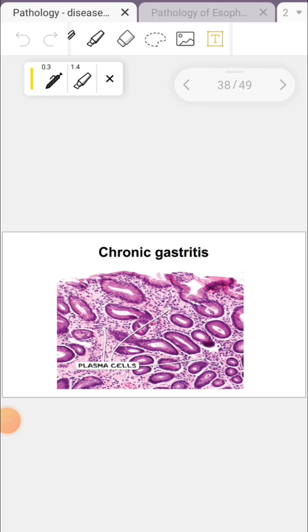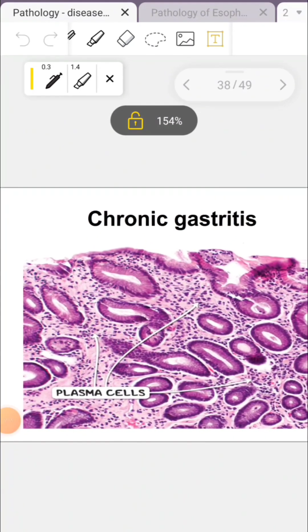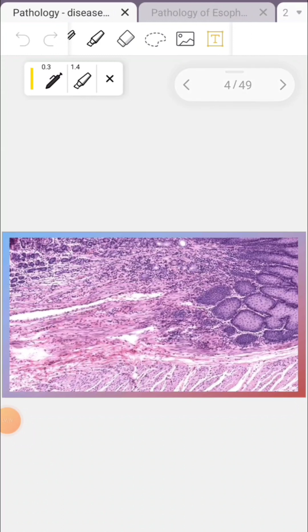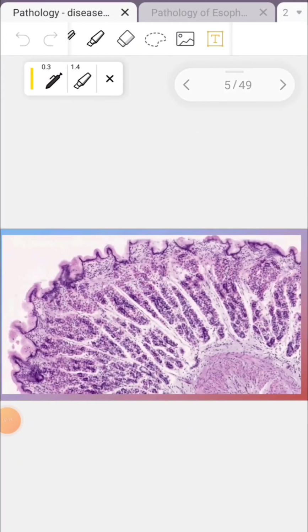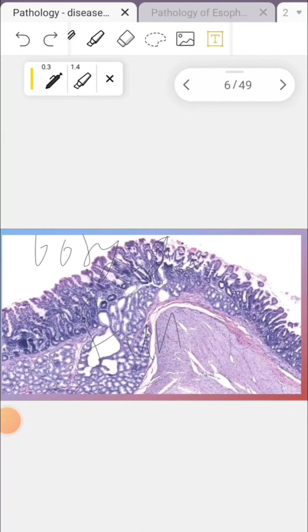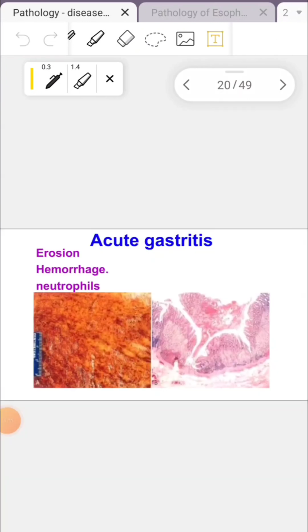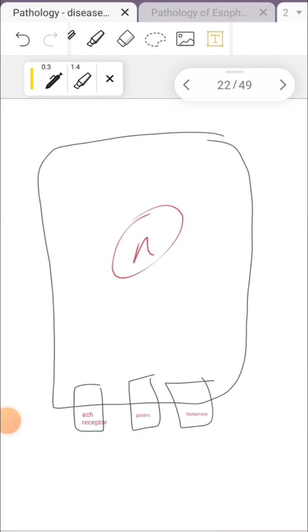Here there is widening of the interstitial space in between glands. Normally the glands are back to back, as in the first picture of normal histology. Widening of the stroma in between the glands, where there should have been glands here, here and here, we call glandular atrophy, and this is responsible for wall atrophy or mucosal atrophy. Plasma cell infiltration.